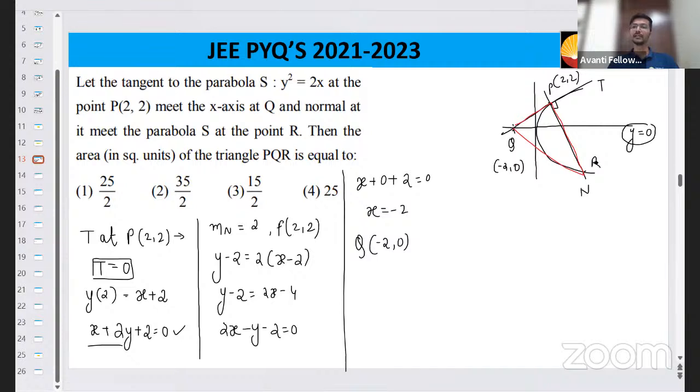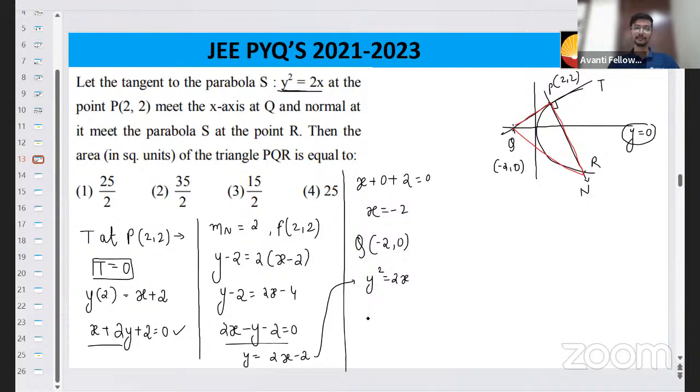Now let's get the coordinates of R. What is R? R is the point of intersection of the parabola and the normal. So from here, I can write y equals 2x minus 2. Let us solve this equation with the parabola y square equals 2x, right?